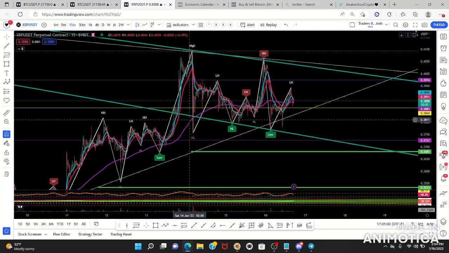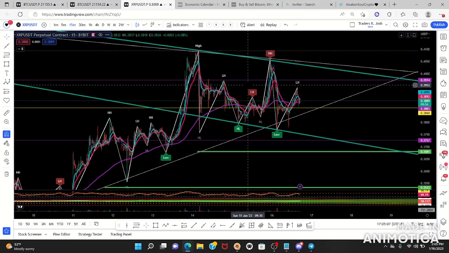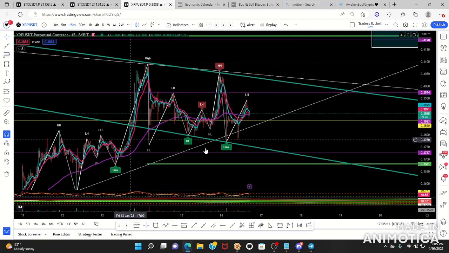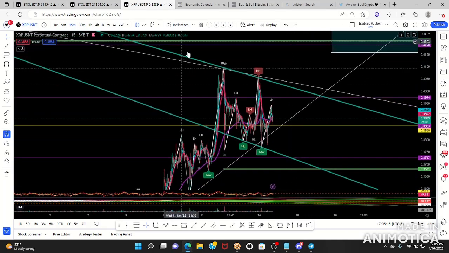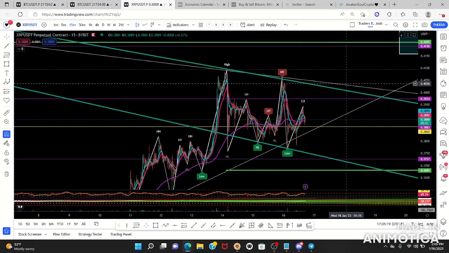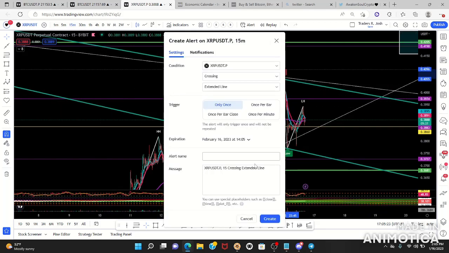So one, this could have been a fake out to the bottom. 2, 3. So bull flags obviously break to the upside. So within this flag, this contraction area, go ahead and set your alarms again.